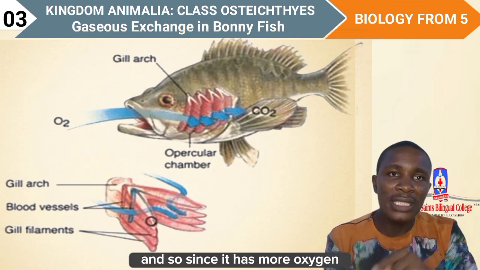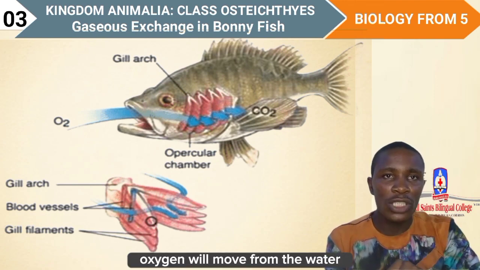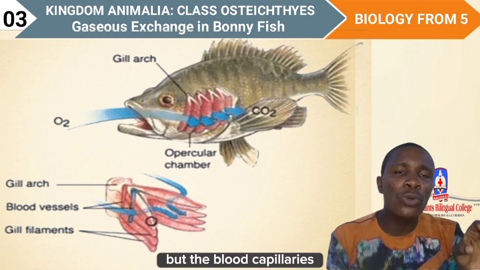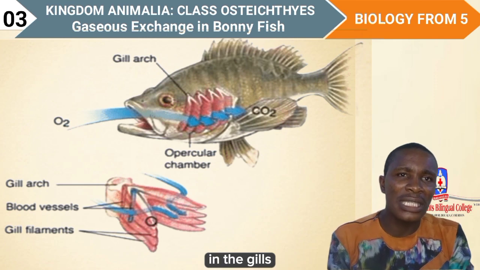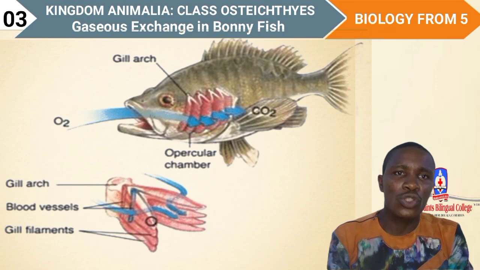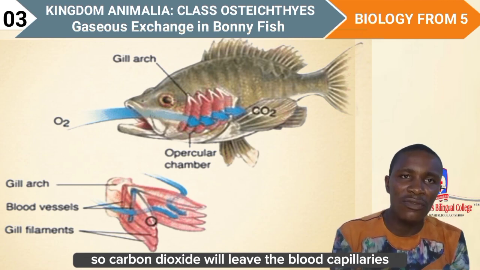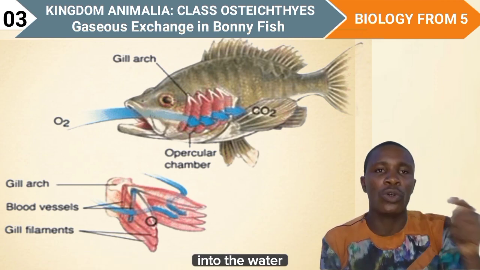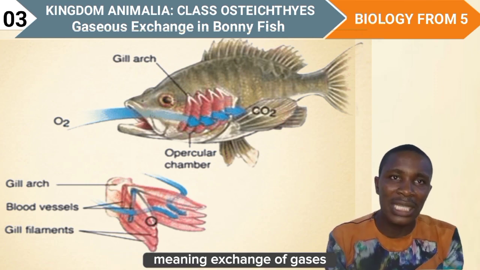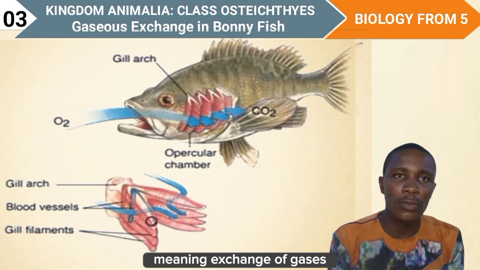The reason is that water is richer in oxygen than carbon dioxide, and since it has more oxygen, oxygen will move from the water into the blood capillaries. But the blood capillaries in the gills are richer in carbon dioxide than oxygen, so carbon dioxide will leave the blood capillaries into the water. This is what we call gaseous exchange, meaning exchange of gases.